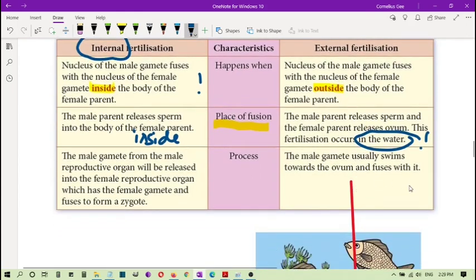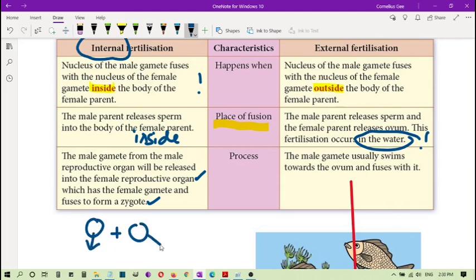When it is fertilized inside, the male gamete from the male reproductive organs is released into the female reproductive organs, which has a female gamete, and they fuse to form a zygote. So the male plus the female forms a zygote, and this happens inside the female body where the sperm has to swim over to the female ovum.